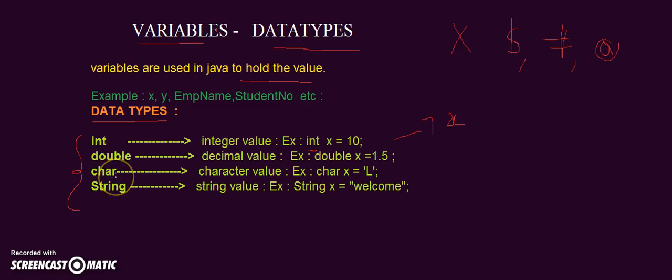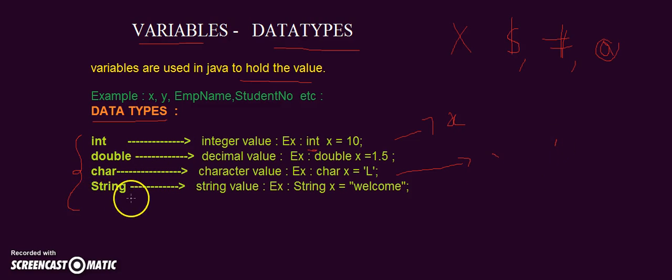Now this is char, which is nothing but a character value. You can define it as char x is equal to a character. If you observe, these are single quotes. When you are declaring a character, you should always mention the particular character between single quotes.